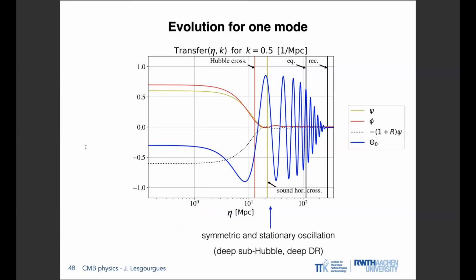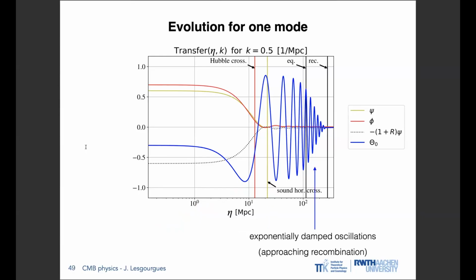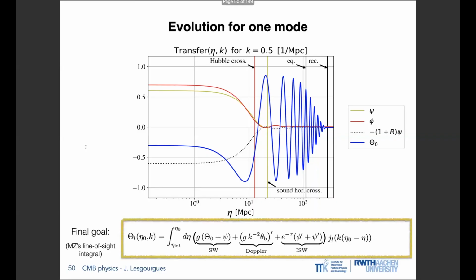Okay, so actually I already said this. I have this regime of symmetric and stationary oscillation, and then I have the regime of damped oscillation at the approach of recombination. Okay, so now we go back to our goal. Our goal is to understand all these terms, and now we have plotted only theta 0 for one mode.